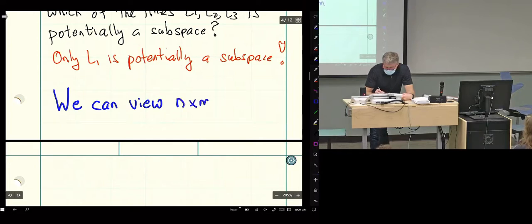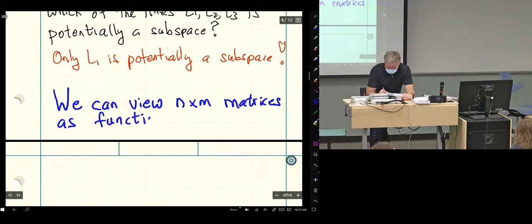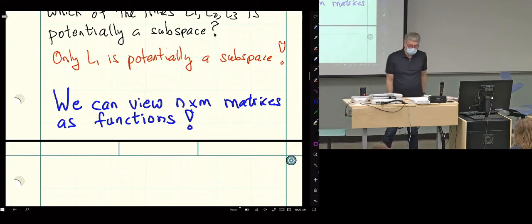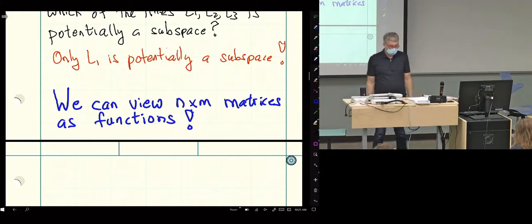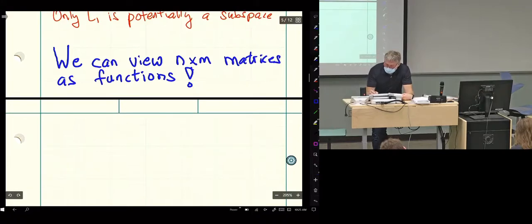We can view n by m matrices as functions. So A is going to have n rows and m columns.